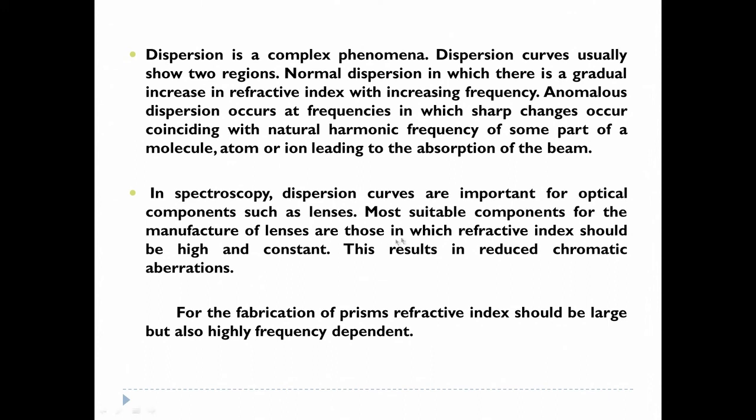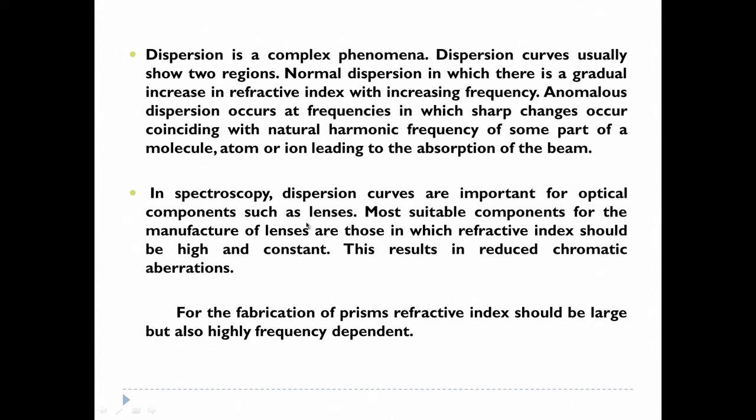Normally, the dispersion curves usually show two regions. One is normal dispersion, in which there is a gradual increase in the refractive index with increasing frequency. Anomalous dispersion occurs at frequencies at which sharp changes occur, coinciding with the natural harmonic frequency of some part of a molecule or an atom or an ion, leading to the absorption of the beam.